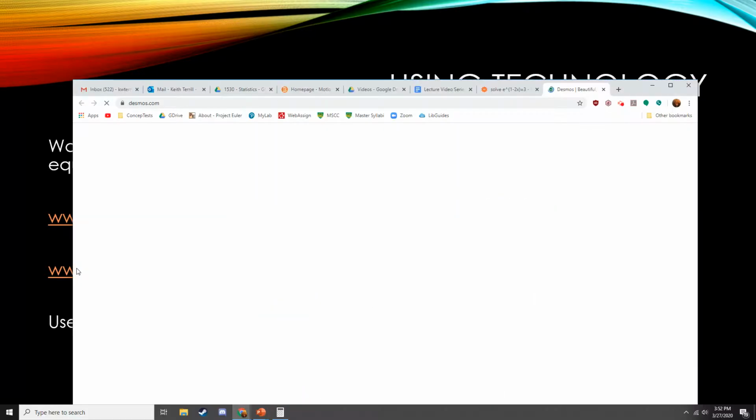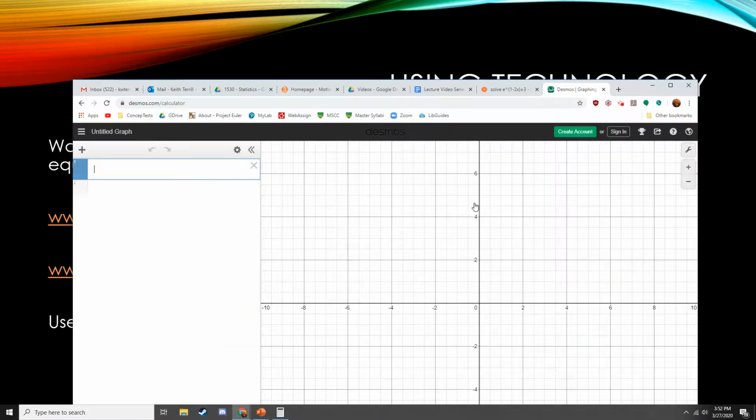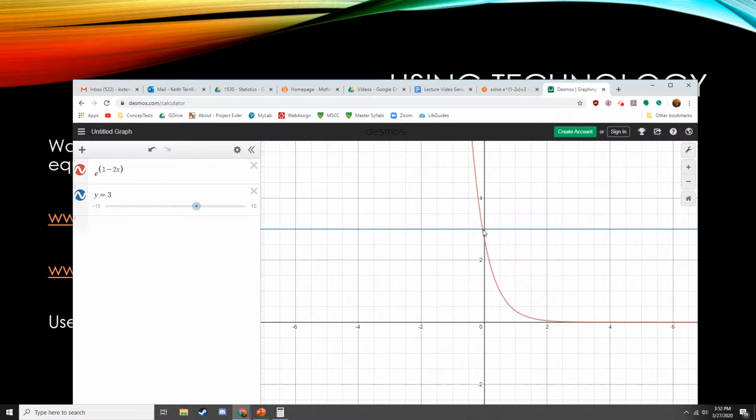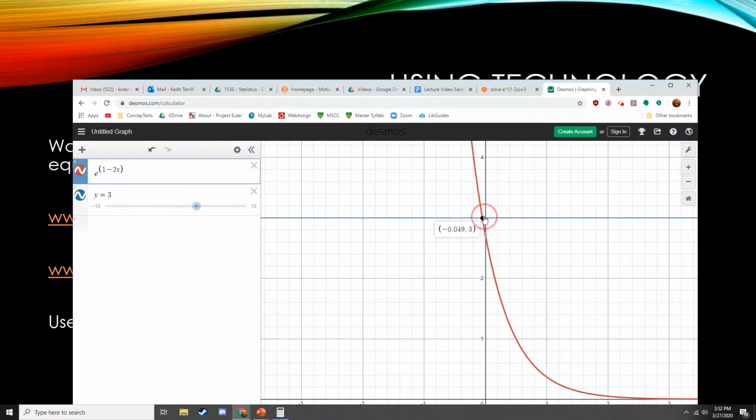You can also use Desmos to do this. Now, Desmos is a graphing tool first. So the way I would do it for Desmos is first I would graph 1 minus 2x, and up comes this graph. And then I will graph as my second line, y equals 3, and I will see where they intersect. And they intersect at negative 0.049.